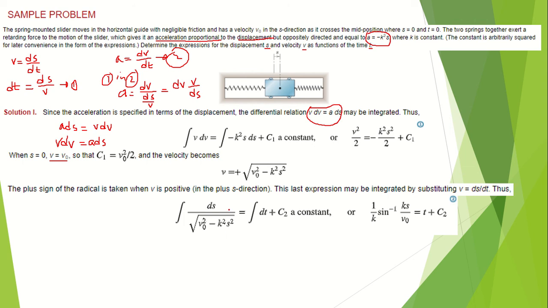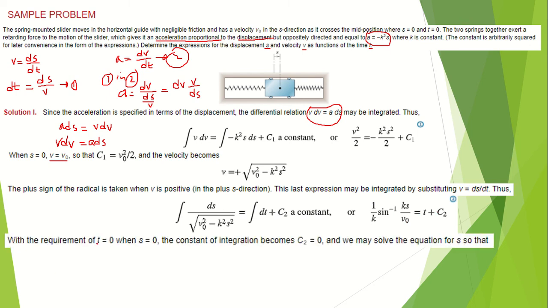Using the formulas of differential and integral calculus, we get 1 over k inverse sine of ks divided by v sub 0 equals t plus c2. With the requirement of t equal to 0 when s equal to 0, the constant of integration c2 is equal to 0.